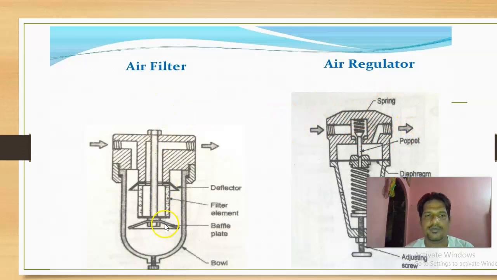This air filter consists of plastic bowl, baffle plate, filter element and deflector. And this air regulator is nothing but a pressure regulator valve. It consists of spring, inlet and outlet, poppet, diaphragm, vent hole, main spring and adjusting screw as per the requirements of the consumer.